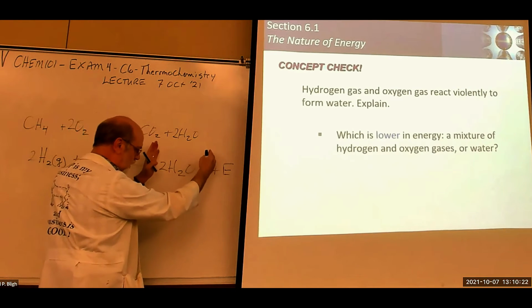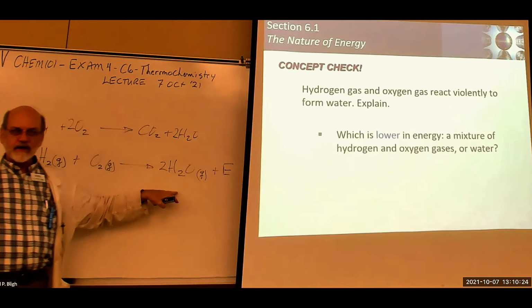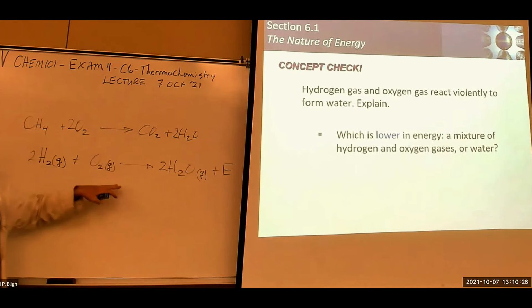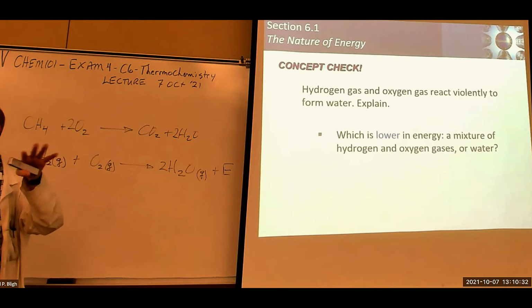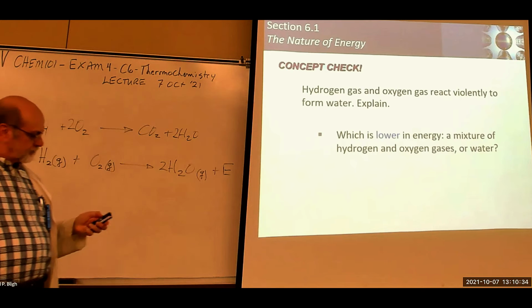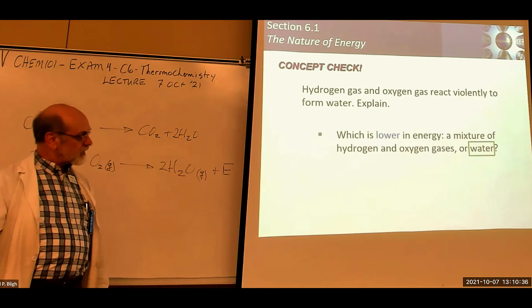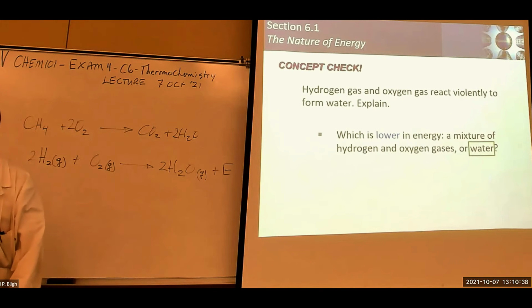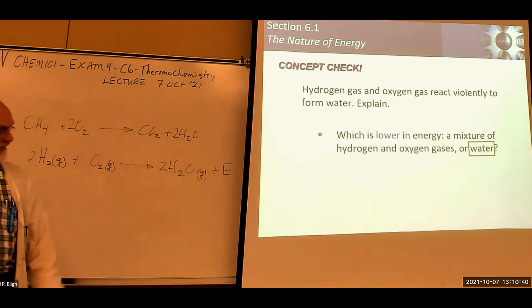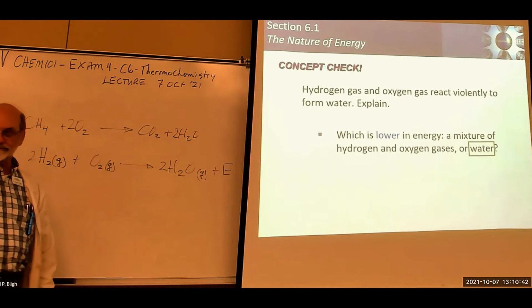And if we're only focusing on this one, the amount of energy in water has to be less than the total of these two. See what I mean? It's all a balancing act. So water has the lower amount of energy stored in its bonds than either of these two.